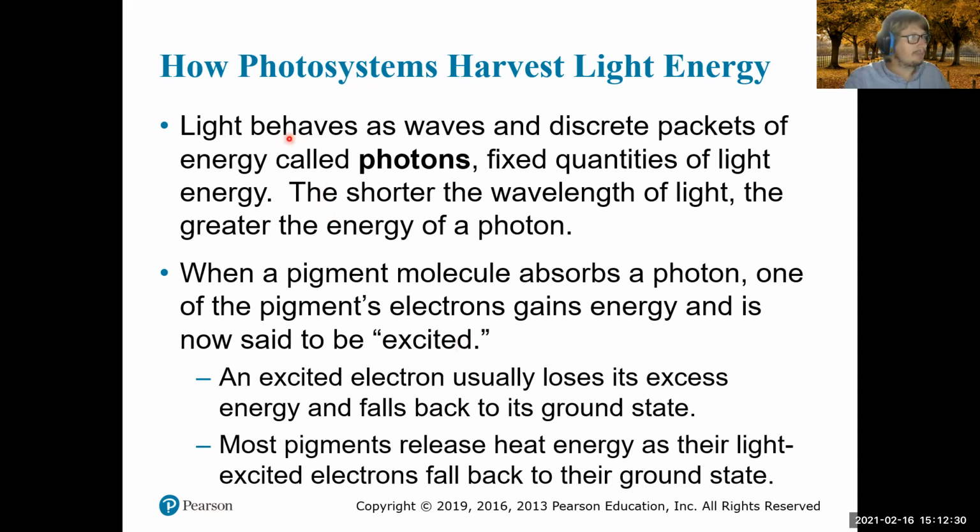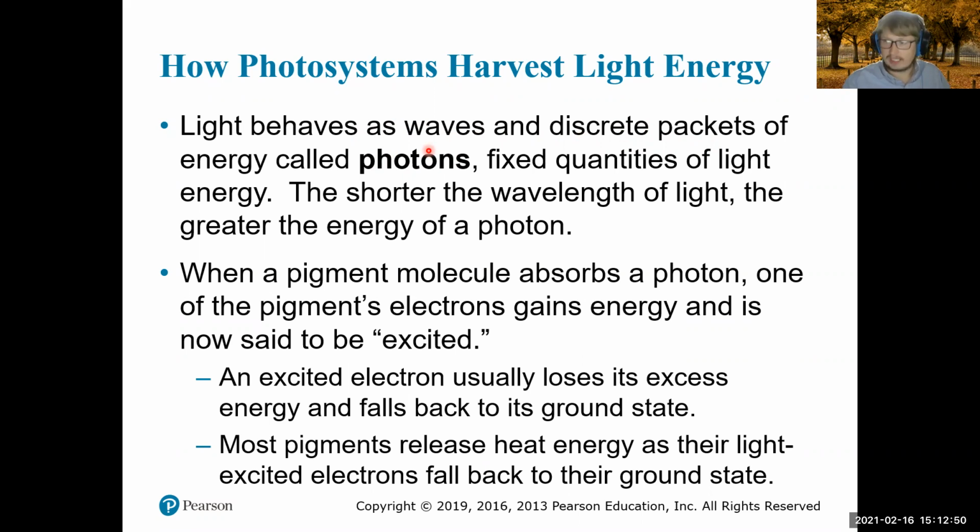So basically, that light travels as a wave, and it's basically in these packets called photons. So little waves that are referred to as photons that have fixed specific quantities of energy.